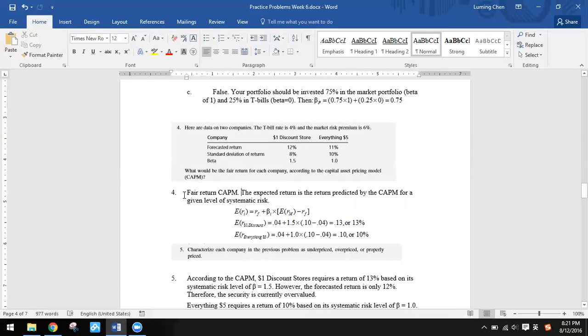Then the expected return for a given level of systematic risk is given by the formula: the expected return on the stock is the risk-free rate plus the beta times the excess rate of return of the market portfolio.